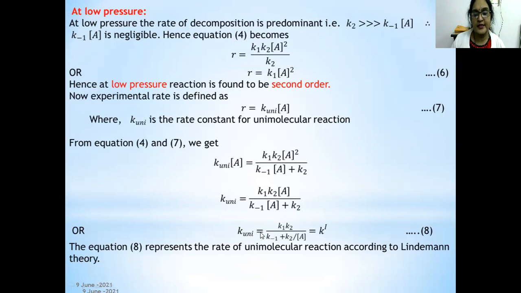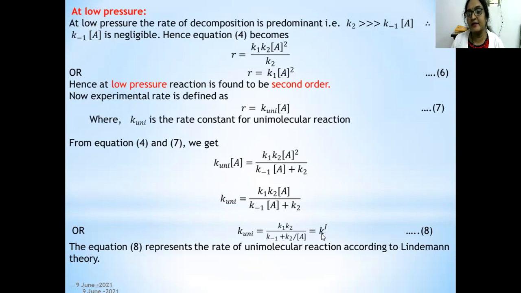Or if I again divide by the concentration of A, the A's get cancelled. So what I get? k uni is equal to k1 k2 divided by k minus 1 plus k2 divided by concentration of A.